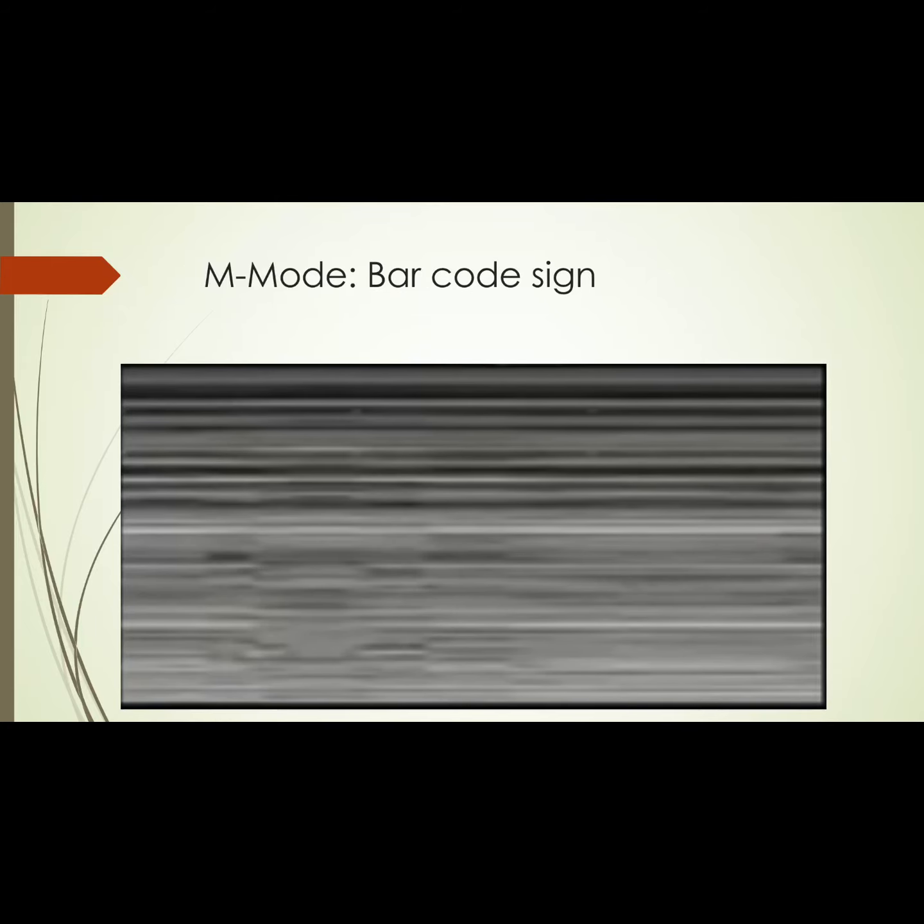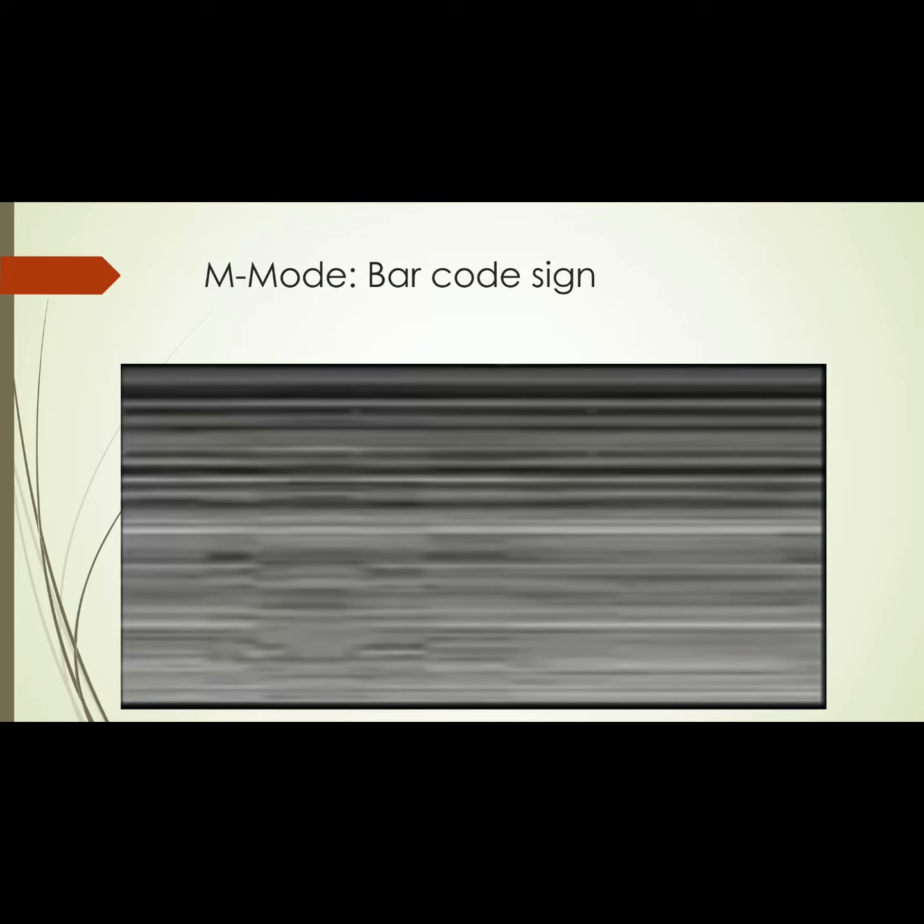Here is the barcode sign, and this is the sign of no pleural movement, possibly pneumothorax. You can't diagnose a pneumothorax unless you find a lung point, which we'll get into later. So just finding a barcode sign or finding pleural that's not moving doesn't necessarily diagnose a pneumothorax.